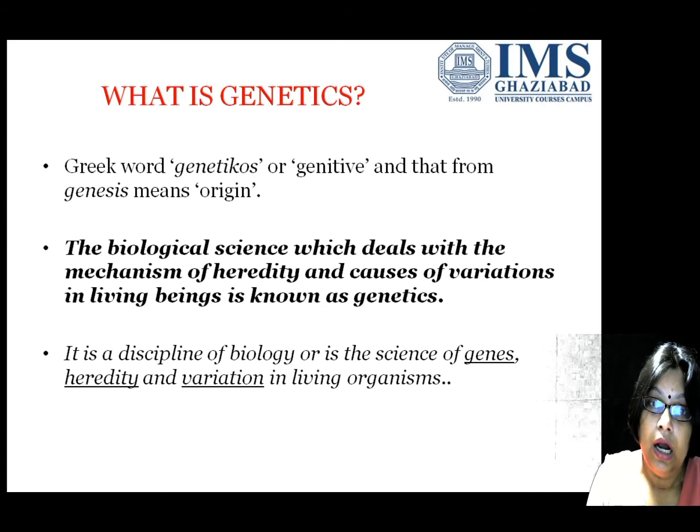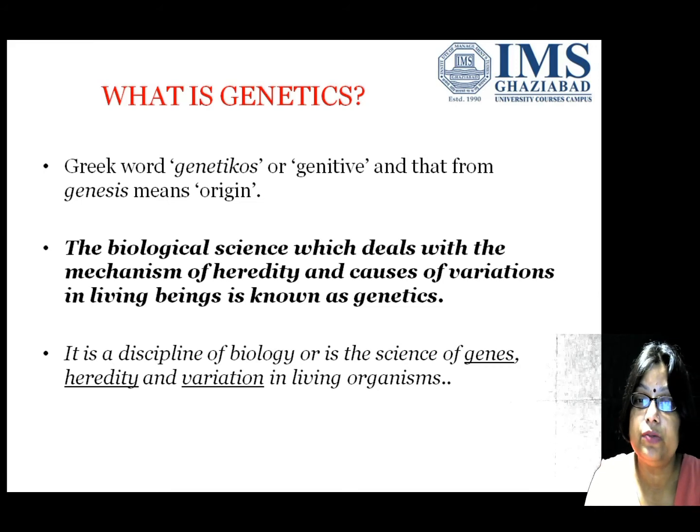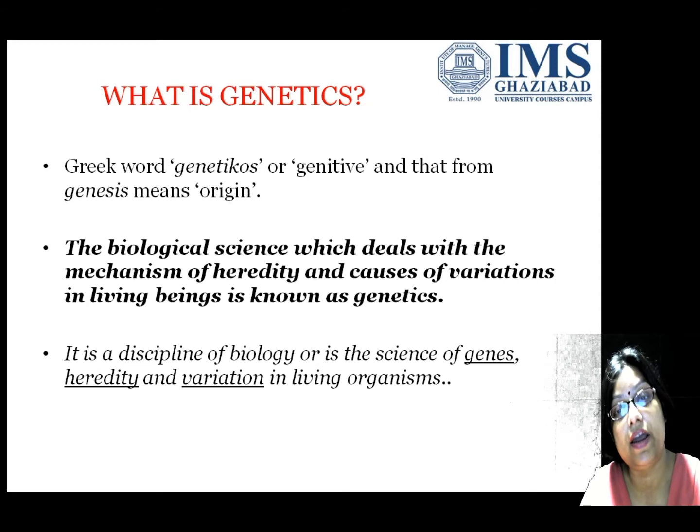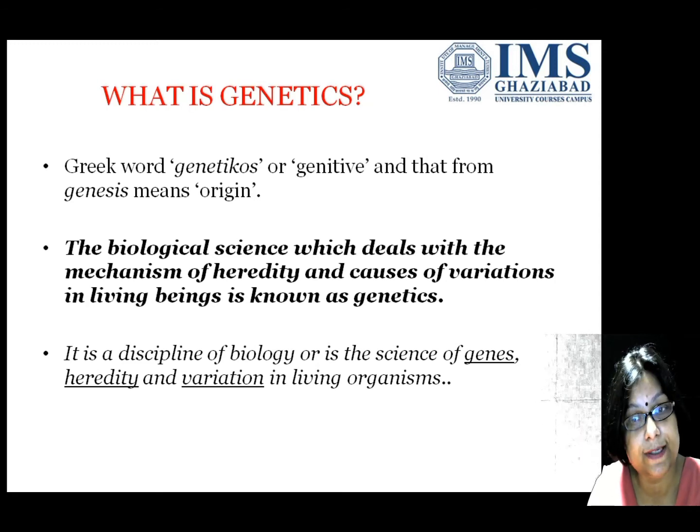So you can find the difference between brothers and sisters, or between two males and two females of the same generation. So, genetics is the science which deals with the mechanism of heredity and causes of variations.